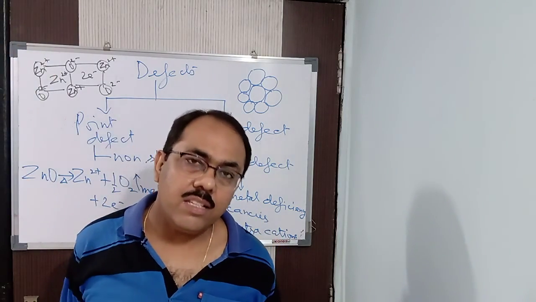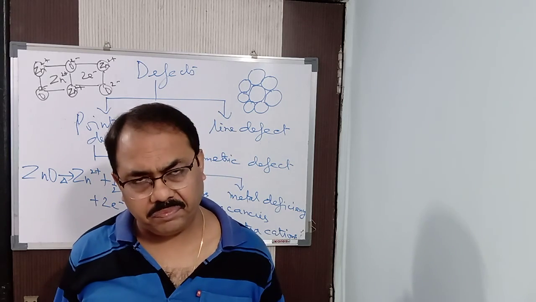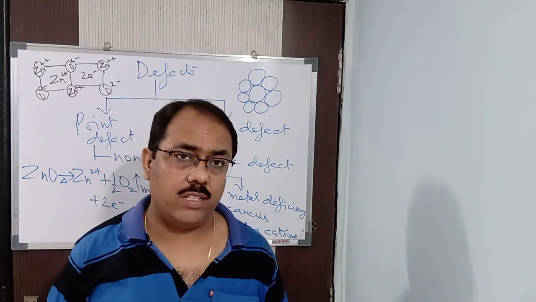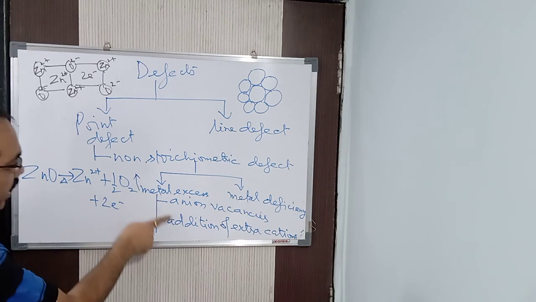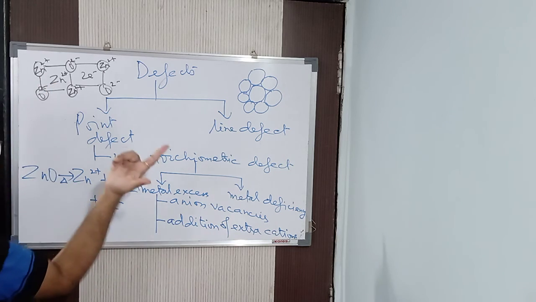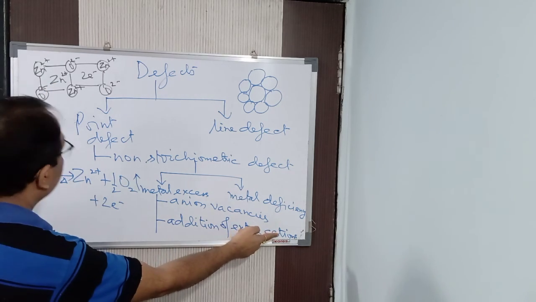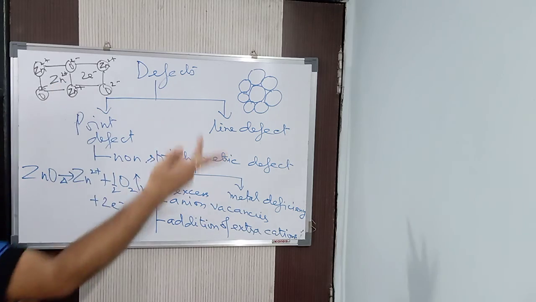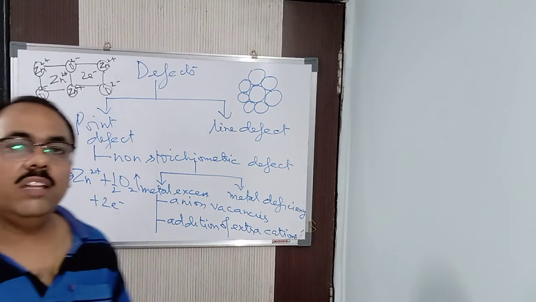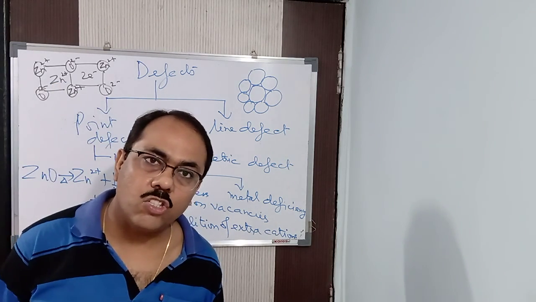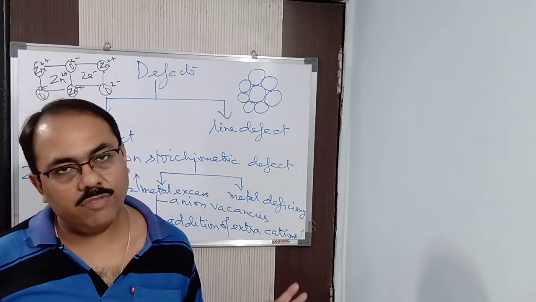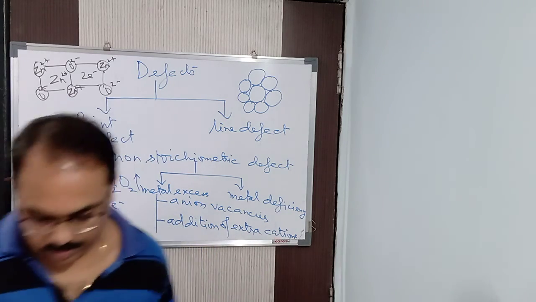That's it. In this way, this particular defect is otherwise known as metal excess defect, an excess of metal, where the cations occupy the interstitial sites. So this defect comes under non-stoichiometric defects. Okay, thank you.